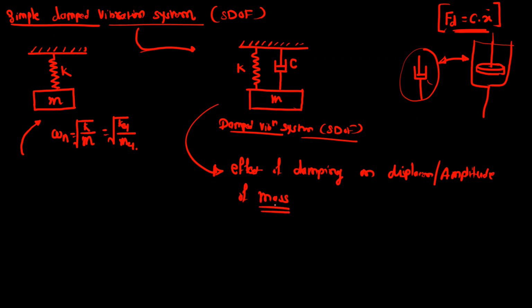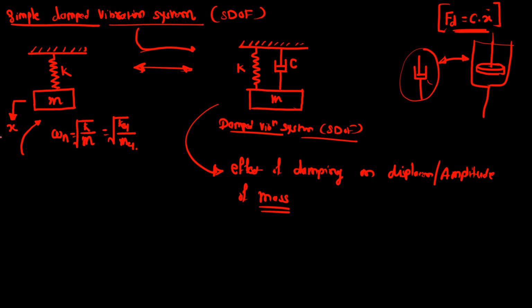So how can we find out this effect of the damping on the displacement or the amplitude of the mass? That means just compare both the systems. This is without damper and this is with damper. Just imagine, by applying some initial force, we give the displacement x only at the initial condition.